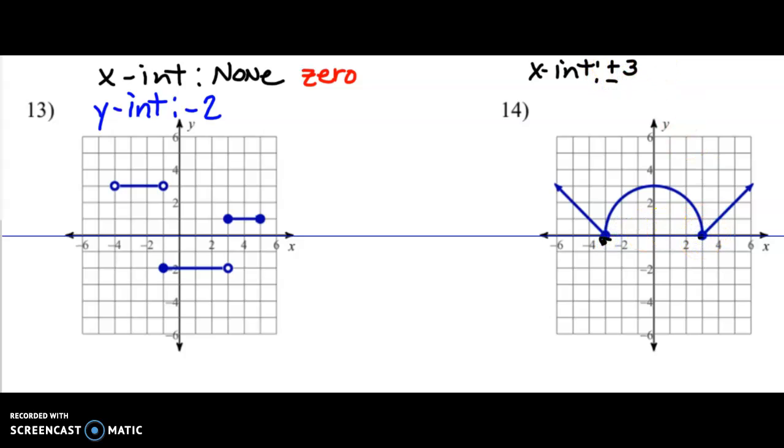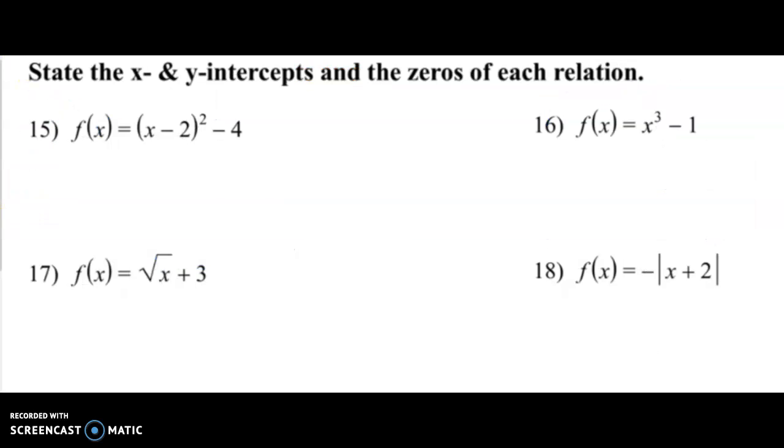So those are both your roots and your zeros. Your y-intercept crosses the y-axis at +3. For 15, 16, 17, and 18, you're also going to identify the x-intercepts and the y-intercepts.